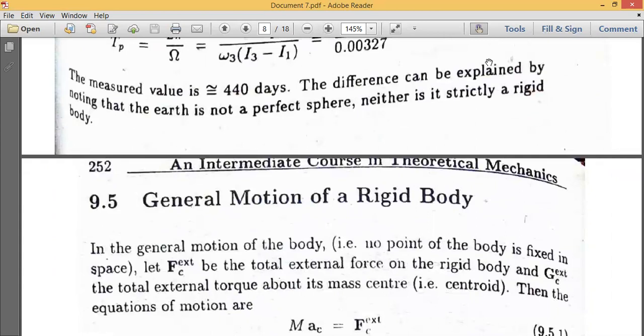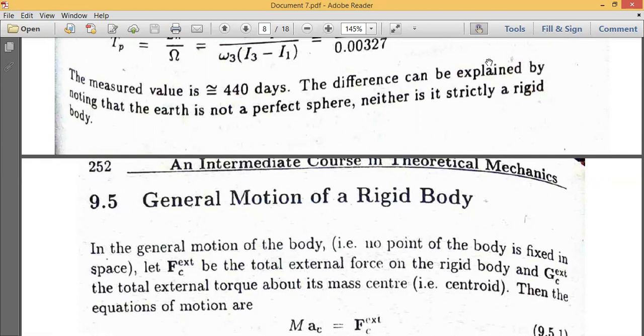The measured value is 440 days. The difference can be explained by noting that the Earth is not a perfect sphere.